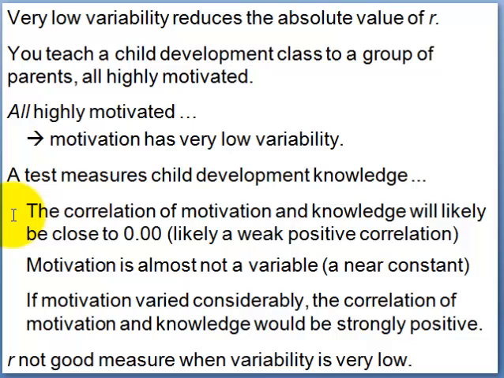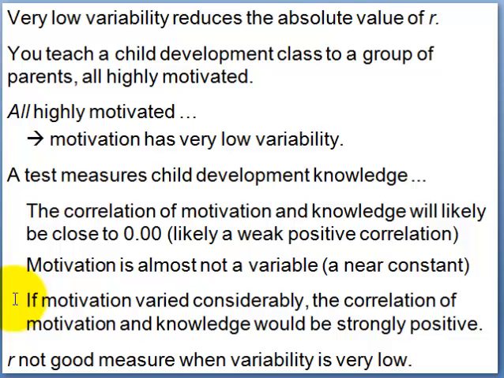You will likely find a weak positive correlation. The reason the correlation would come out fairly close to zero is that in your situation, level of motivation almost isn't a variable at all. Because motivation variability is so small, motivation is almost a constant.